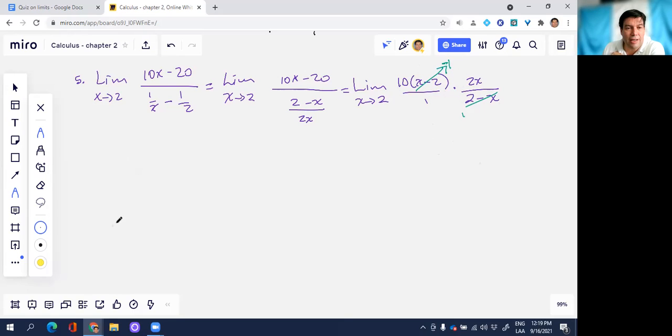So what we are left with is the limit as x approaches 2 of -10 times 2x, -20x divided by 1. Substituting that, -20 times 2 is -40, and that's the answer.